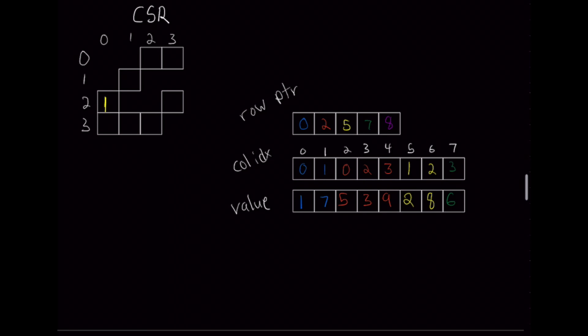So when we insert an element, we must place it in the correct position within the row. And we keep the column index sorted. So for us to do this, we must shift all the values after the corresponding spot to the right.